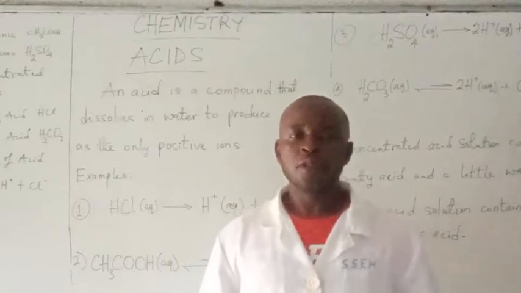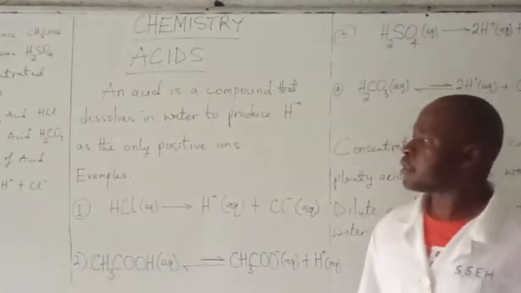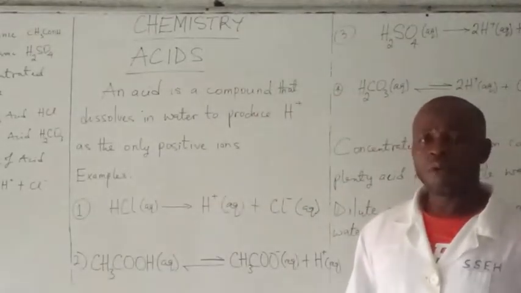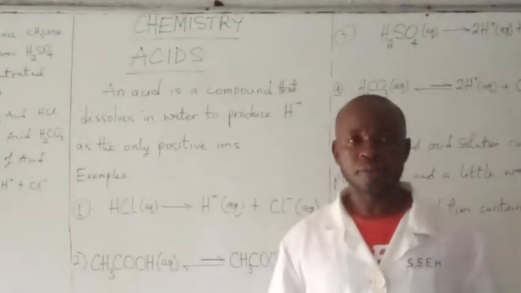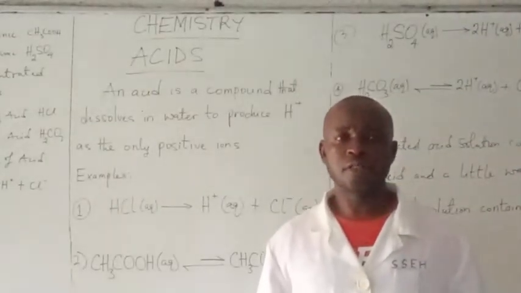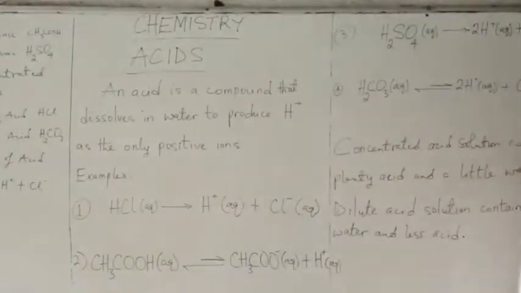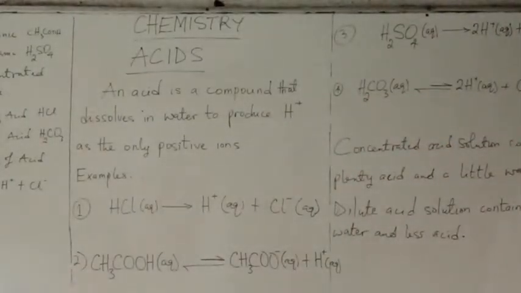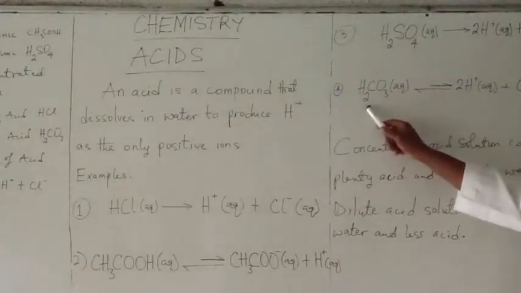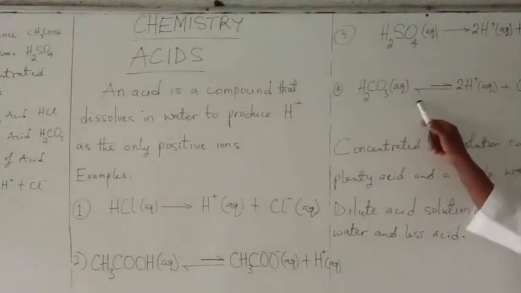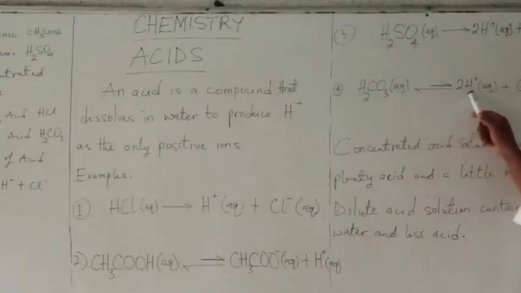Now, talking about acids, somebody can ask you, what is a strong acid or what is a weak acid? How can you explain what a strong acid is? Look at the board. We have example 4, please. This trioxocarbonate 4 acid dissociates into a hydrogen ion and this.